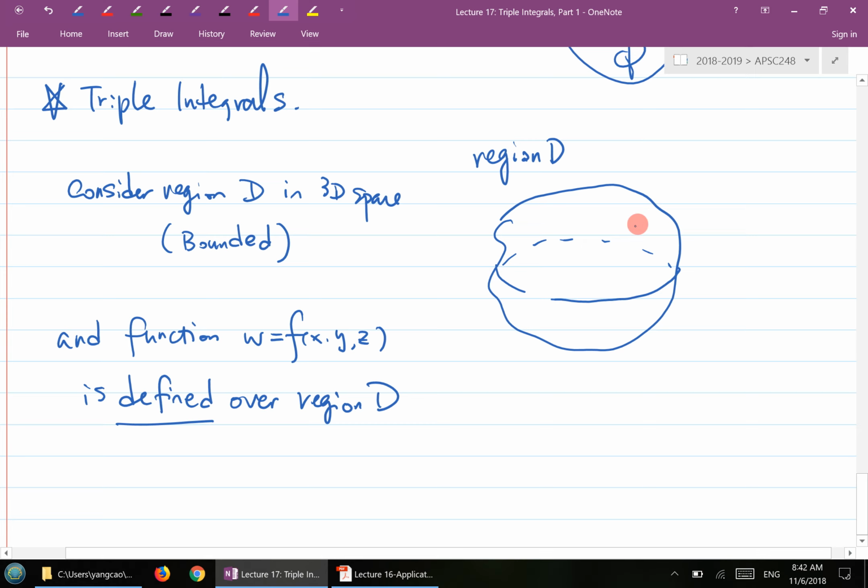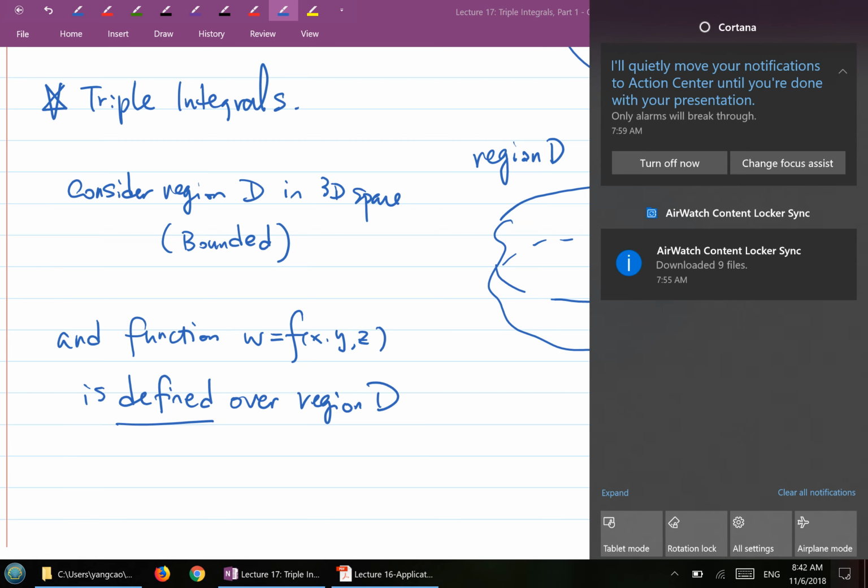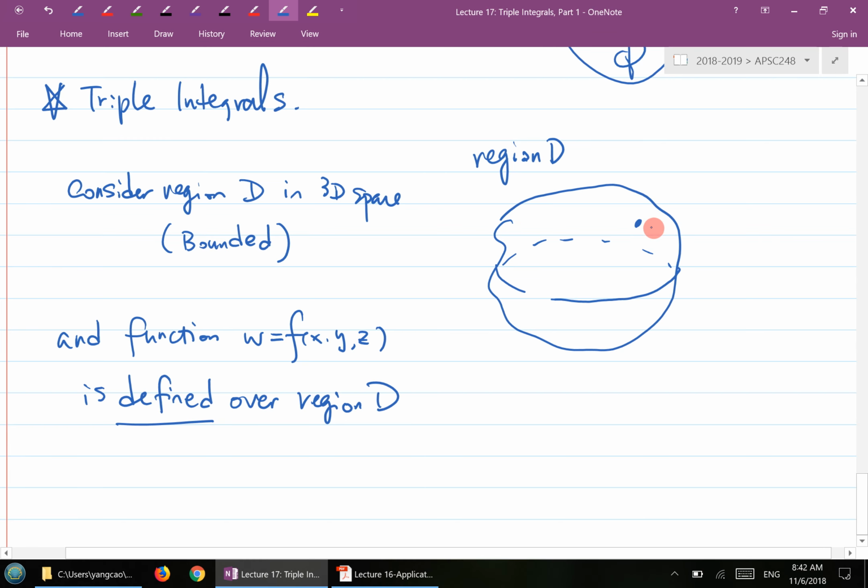It means whenever you pick any point inside the region D, let's call it (xi, yi, zi), and you plug this point into this function f, you get a value, right? That's what it means to be defined.